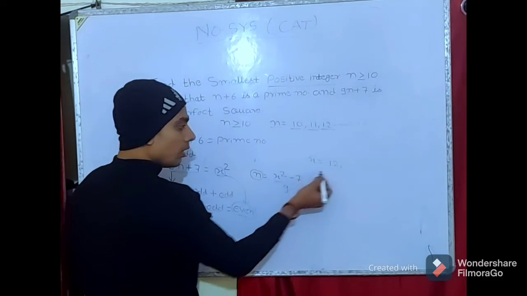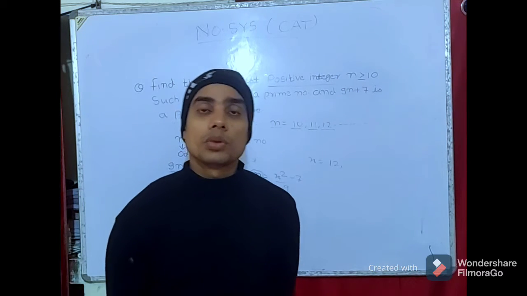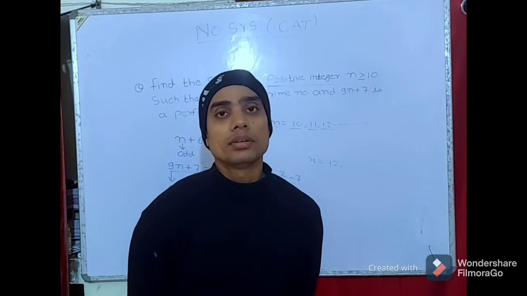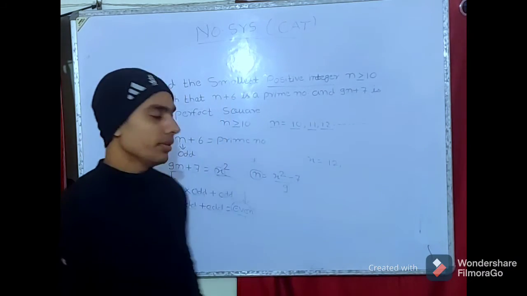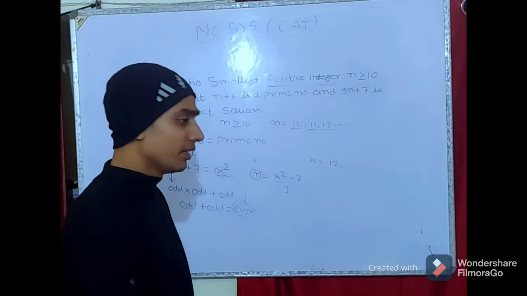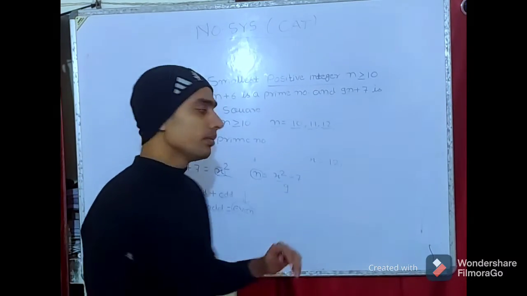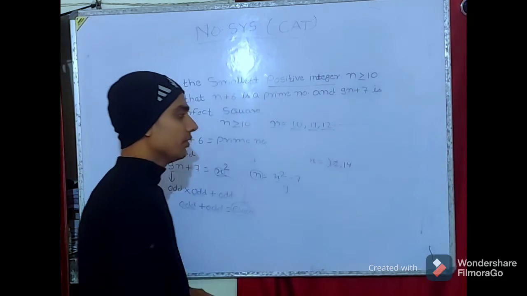So 10 squared minus 7 is 93, and 93 by 9 is a decimal, so it is not possible. Next 12: 144 minus 7 is also not divisible by 9. So next value 14.